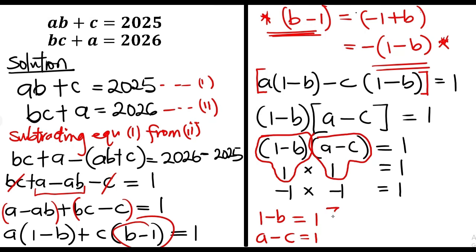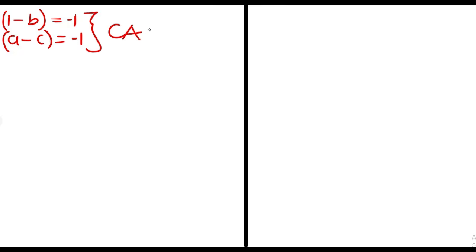I'm going to call the whole of this case 1. Then we're going to have case 2, where 1 minus B equals minus 1 and A minus C equals minus 1. This is going to be case 2.